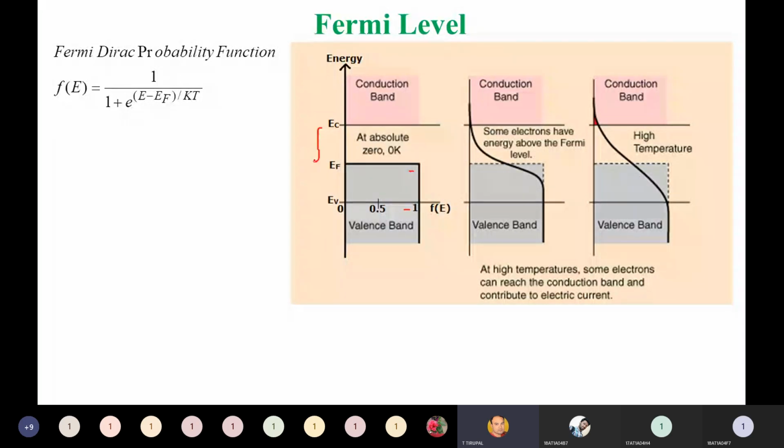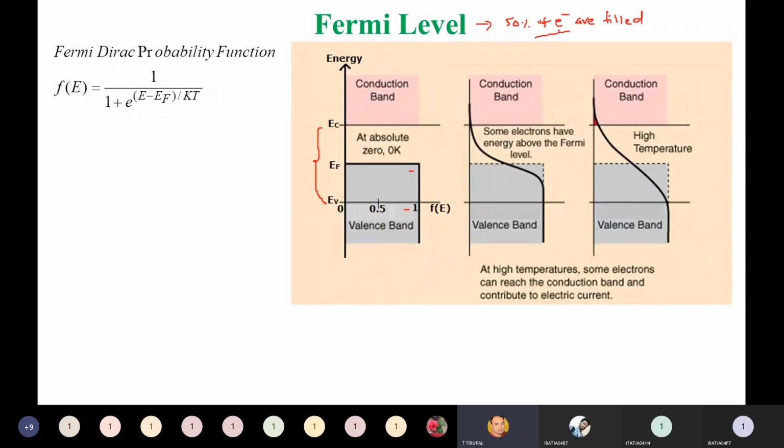It reaches an energy level where that level is filled with 50% of electrons. So that level is called the Fermi level. So Fermi level is defined as an energy level where 50% of electrons are filled.